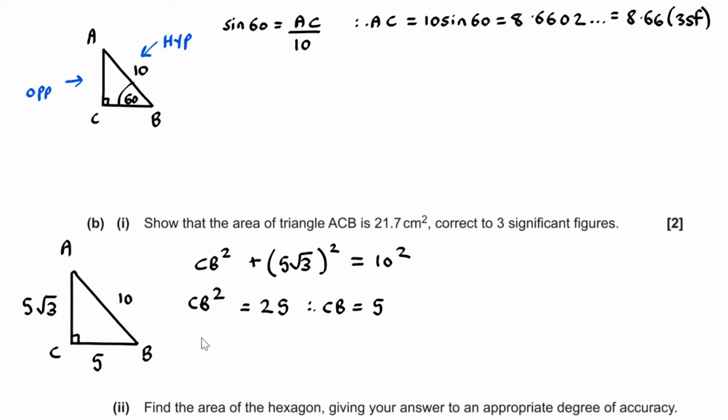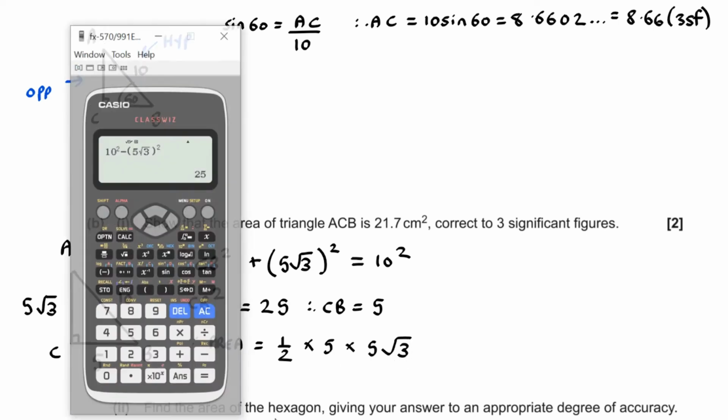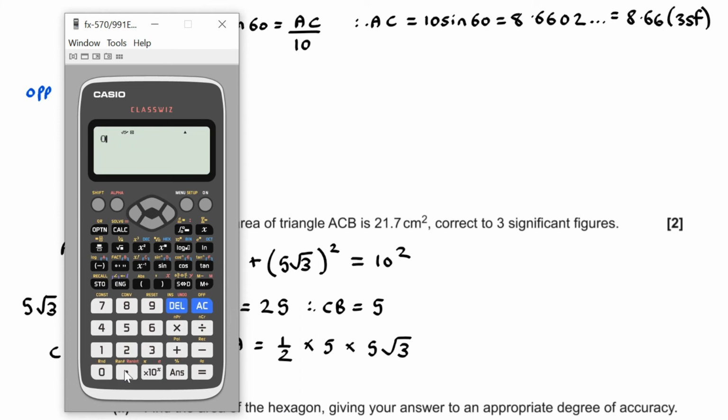And therefore the area is equal to 1/2 times the base times the height. So we've got 1/2 times 5 times 5 root 3, which is 21.65, etc. So we've got 21.7 centimeters squared given to 3 significant figures.